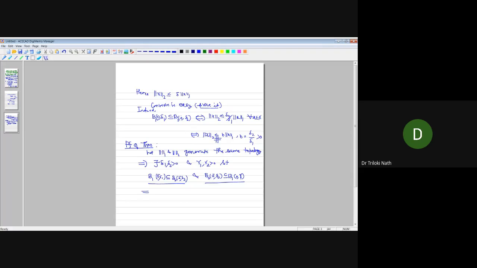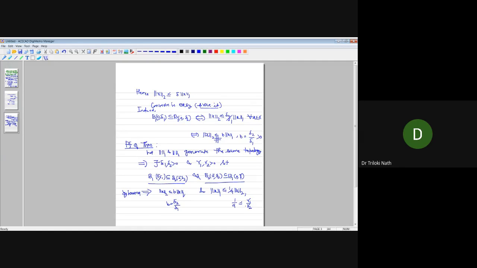So this implies, by the lemma that you already proved, norm x2 is less than or equal to b times norm x1, where b is nothing but delta 2 by delta 1. And here norm of x with respect to norm 1 is less than or equal to 1 by a times norm x with respect to norm 2, where 1 by a is equal to r1 by r2.